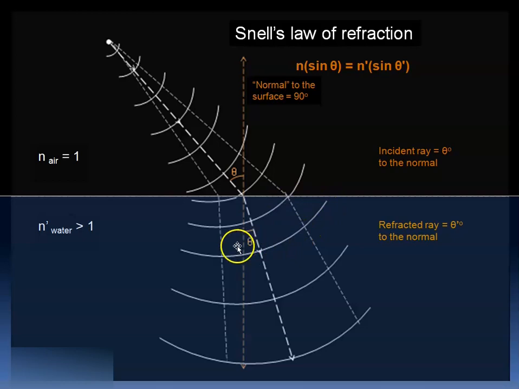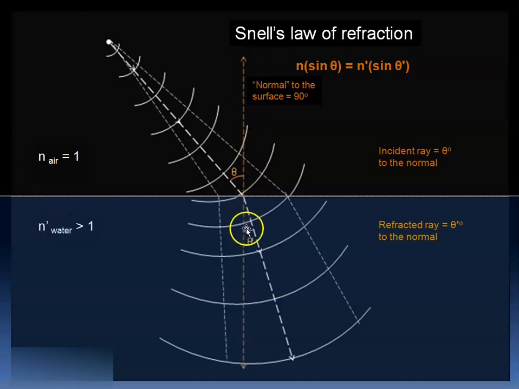By the time the wavefront has entered the water completely, the direction has changed. So the direction of light, of the middle of the series of arrows shown, when it crosses the boundary, the angle to the vertical changes.